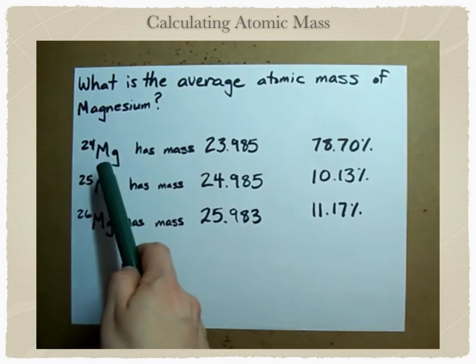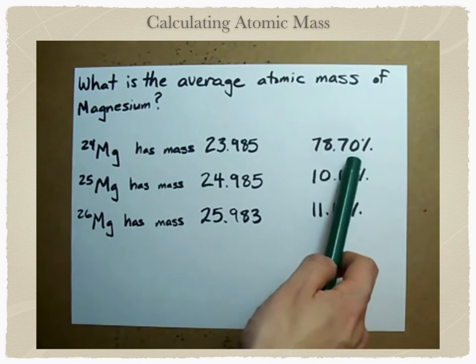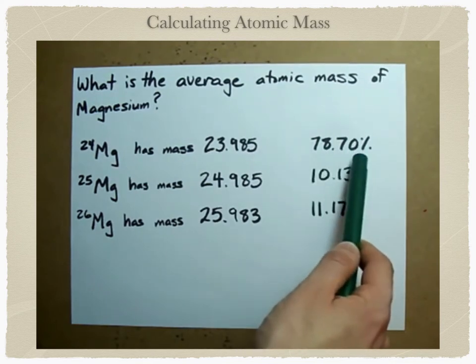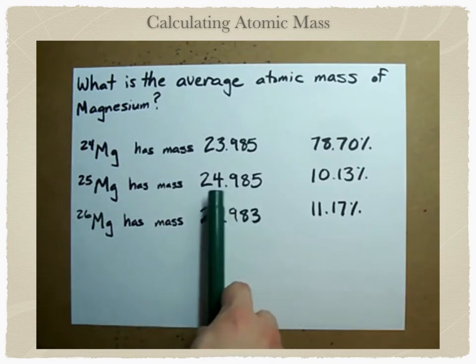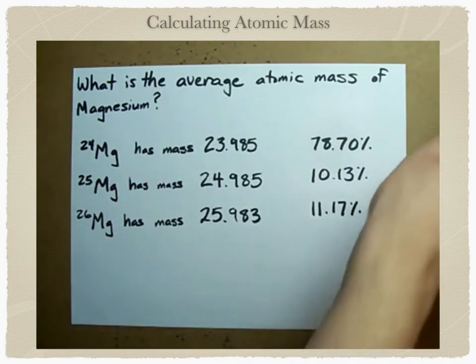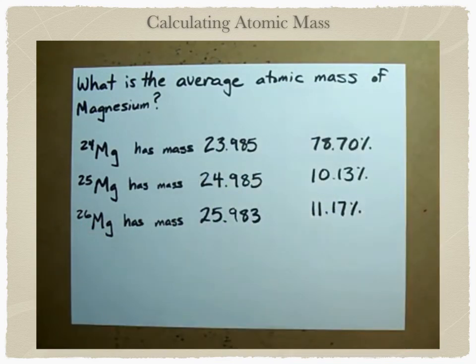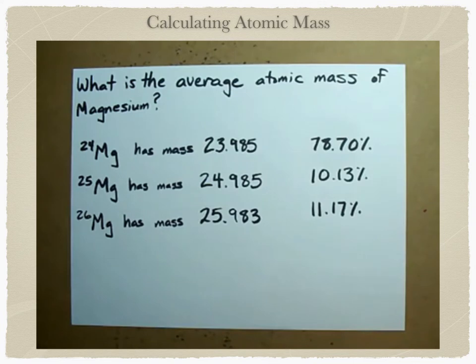Magnesium 24, which has this mass and is 78.7% of all magnesium found in nature. Magnesium 25, which has this mass and is 10.13% of all magnesium found in nature. And magnesium 26, which has this mass and is 11.17% of all magnesium. If you're given all the masses and given all the abundances, it's one of the easiest questions in the world.